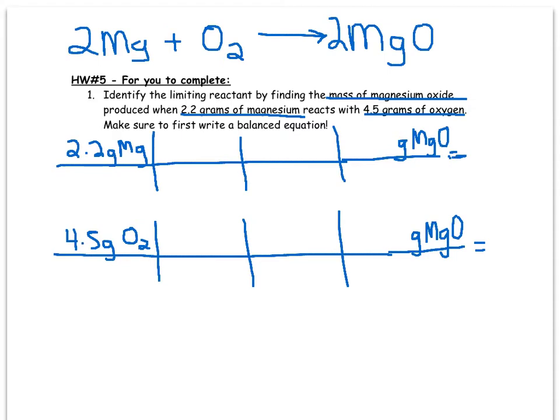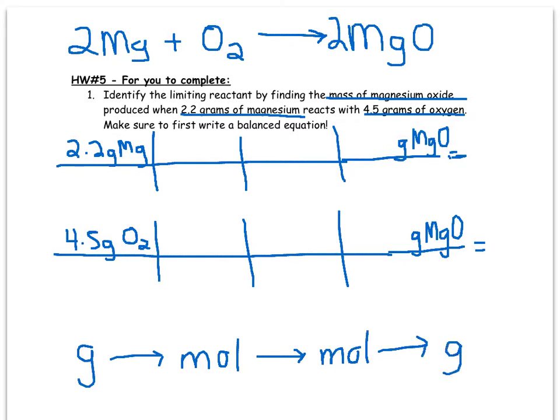In a grams to grams problem, the order always goes grams to moles to grams, to moles to grams. And the first 2 substances are the same thing. So this one and this one are the same, and then this one and this one are the same. So that'll be my top row.